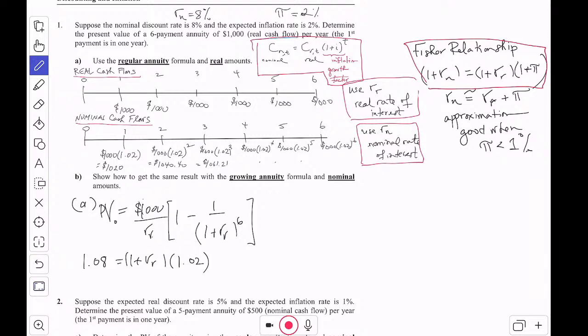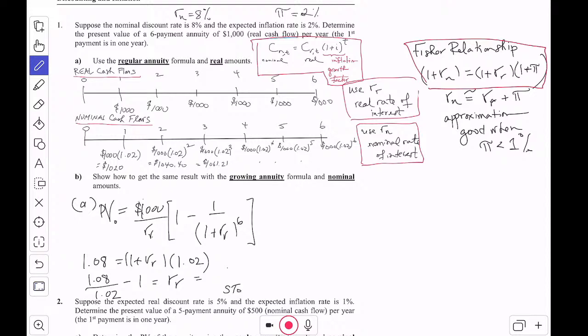So what we do is we deflate the nominal rate to find the real rate. Everything looks the same, you just have to be clear what you're doing. It looks like a discount rate, but it's an inflation rate. Then I have to subtract 1 to find the real rate. Do that and tell me what you get.